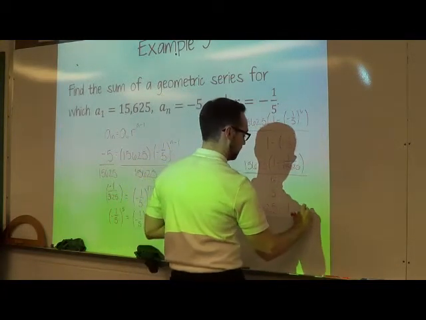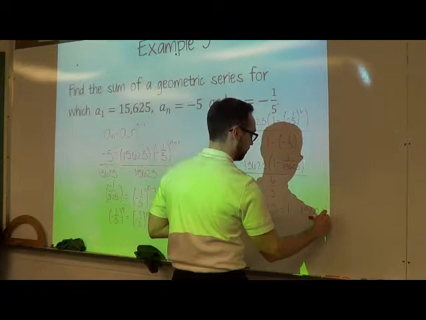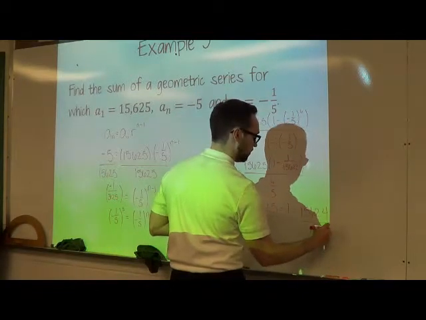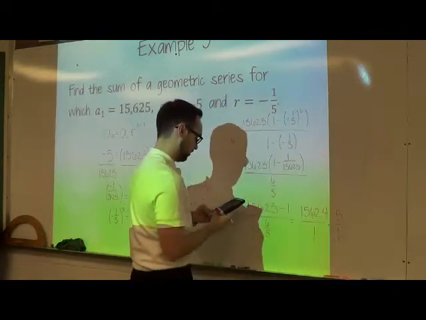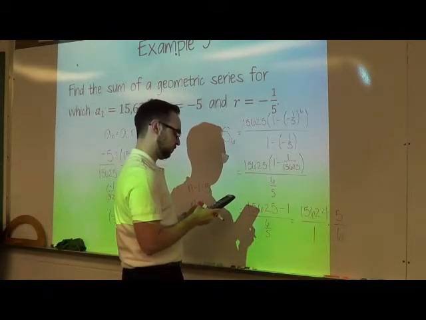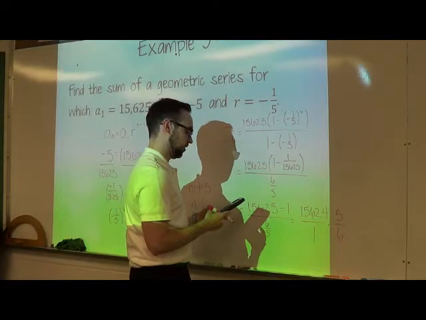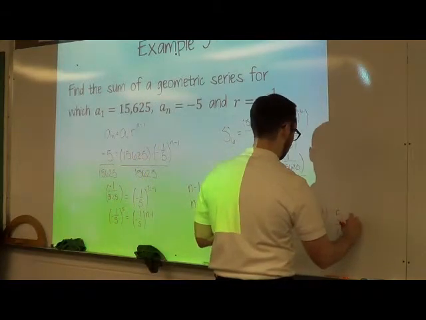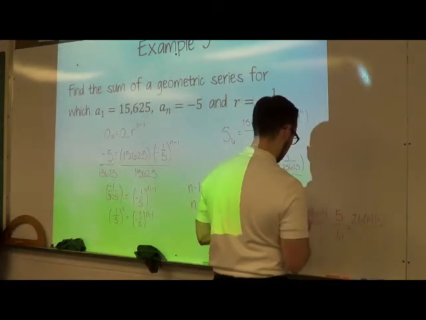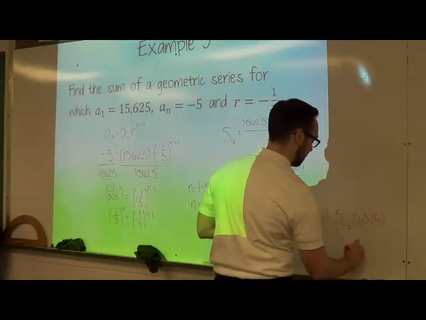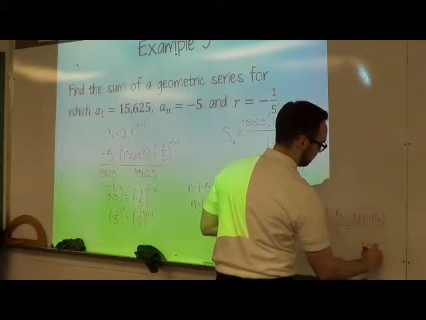So we get 15,624 over 1 times the reciprocal of this, 5 over 6. So then 15,624 divided by 6 gives us 2,604 times 5. And our final answer is 13,020.